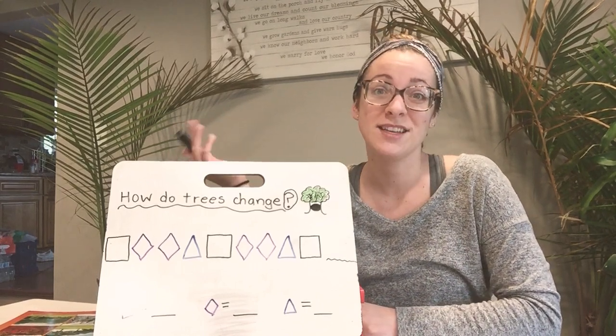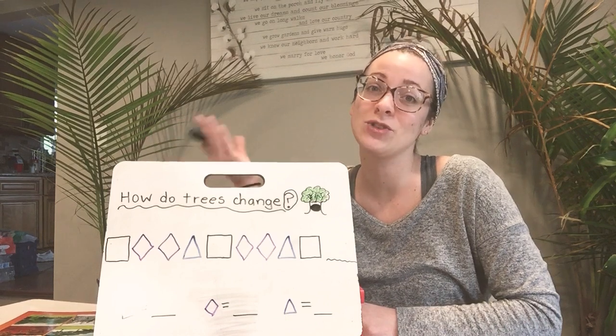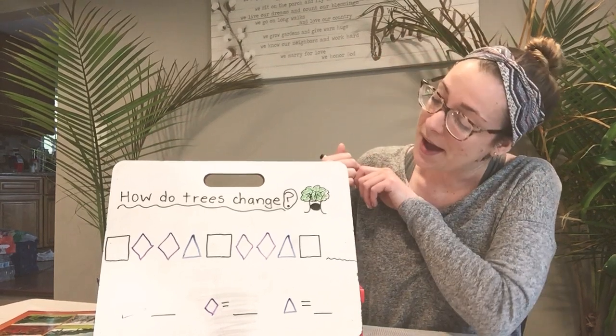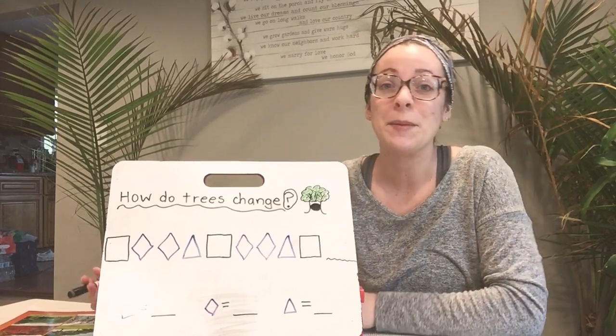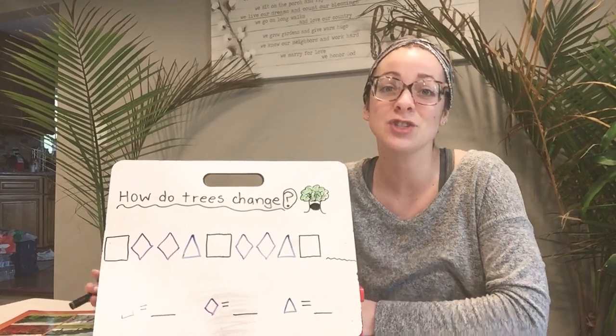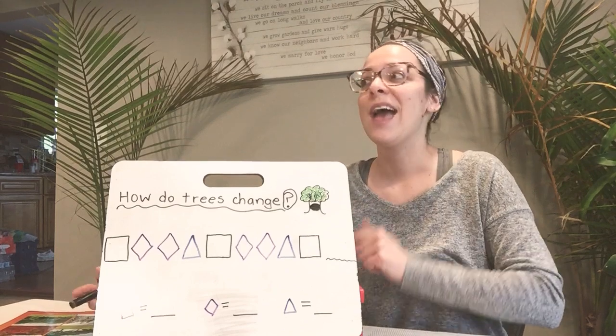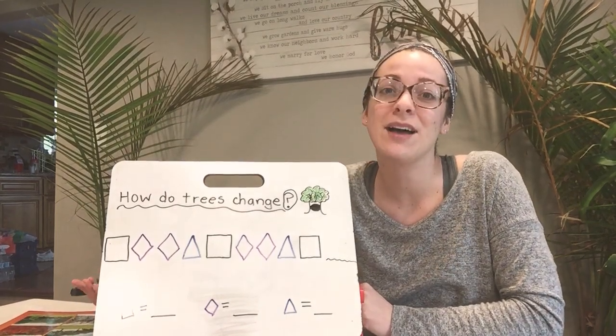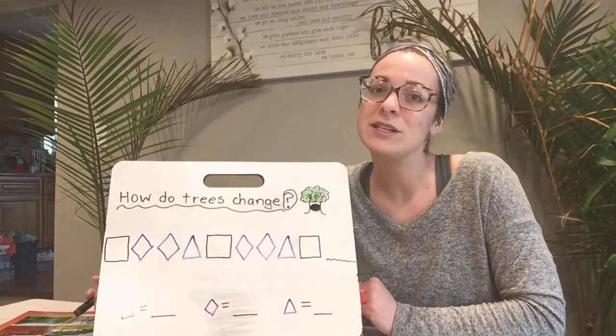Big grown-ups, just like trees become big, big trees and sturdy. So we're going to find out a little bit more today in our story that I read you about how trees change. So I want you to keep that in your brain, and we're going to be looking for more ways about how trees change in the story, like Miss Fisher said.